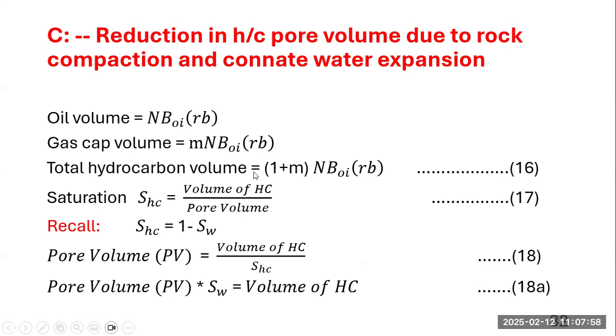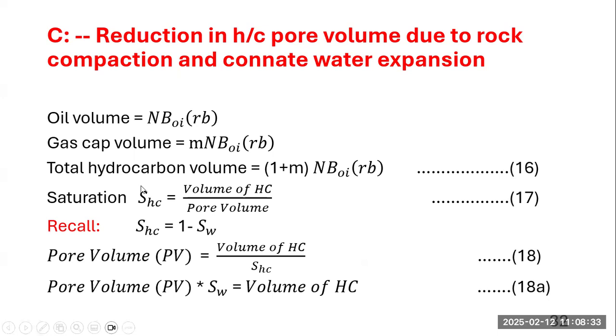Your total hydrocarbon volume will be your oil plus your gas, that's 1 plus M NBOI in reservoir barrel. Due to rock compaction, that's CF, and connate water expansion.